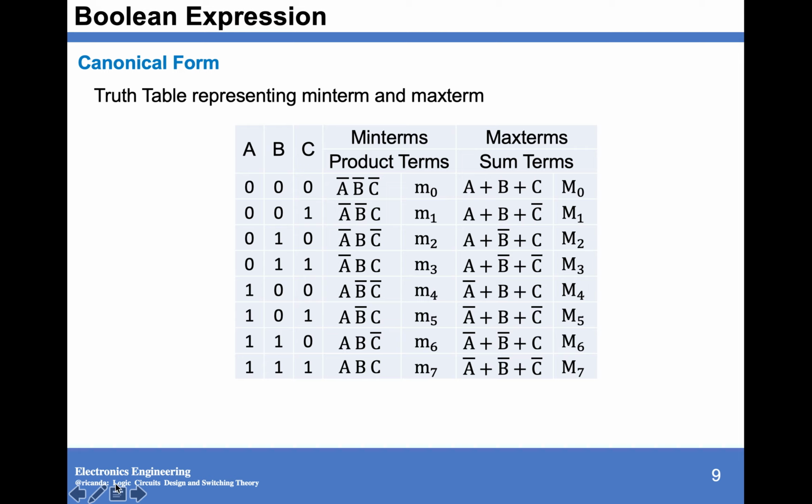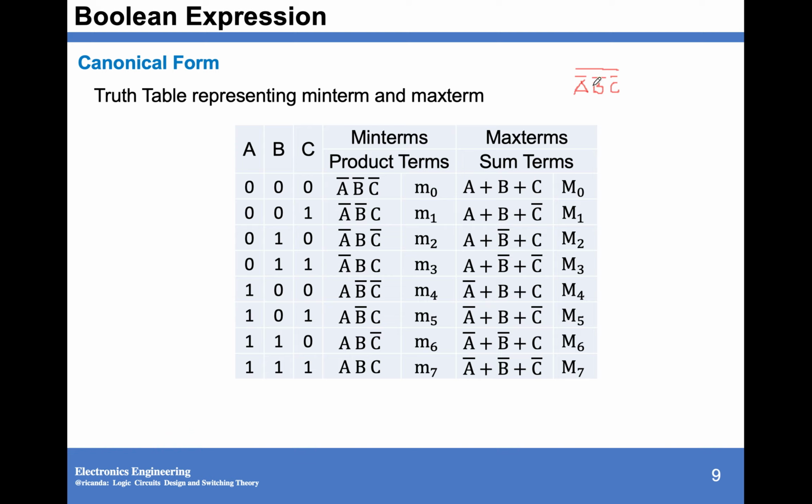But in your max term, it is the opposite. So to get your max term value of 0, 0, 0, we have your min term, it is A bar, B bar, and C bar. To make it a max term, we have to introduce a long bar, or we have to complement all these variables.